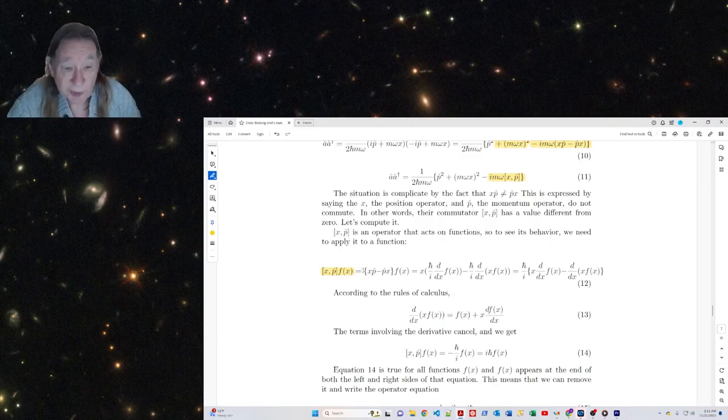So substituting the definition for the commutator, I get this. Here's x. Here's p, the momentum operator. We apply it to f. Here's the momentum operator on the left and x on the right. What this means is we multiply by x first, and then we apply the momentum operator. x is the position, the distance from the center.